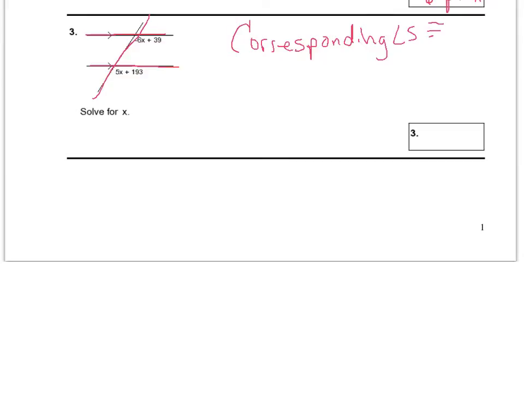So that means we need to set these, negative 6x plus 39, equal to 5x plus 193, and then we can solve for x. So that's the key in these problems, is to make sure that you know what kind of angles they are, and then you can set up the problem and solve it with algebra. So again, I'll go through and solve this one algebra-wise.